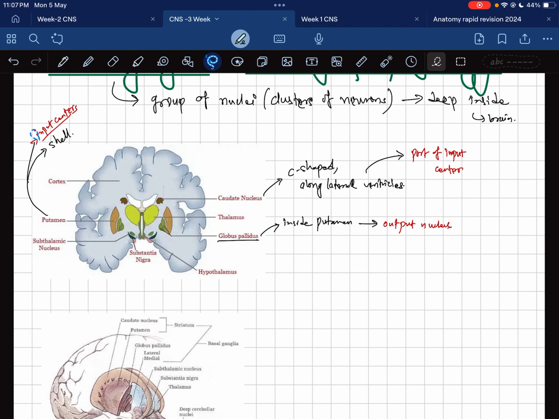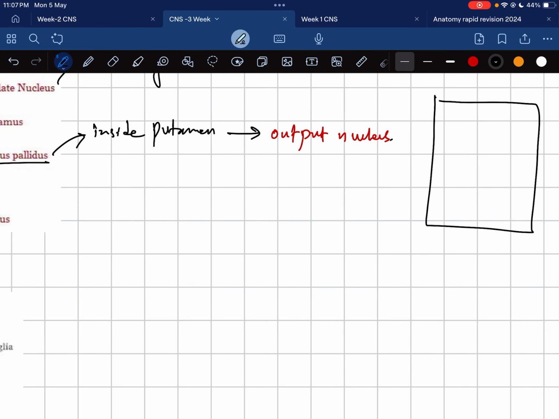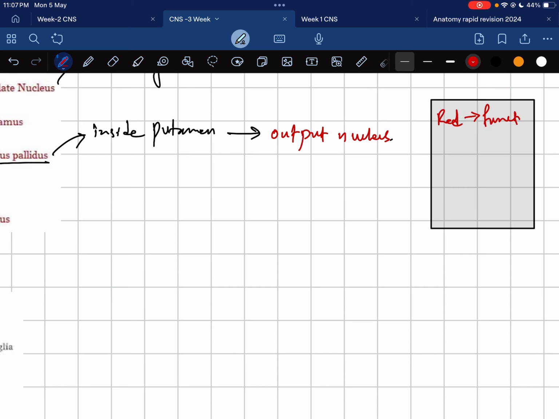We can mention it in brief here: red is function, black is location and shape.